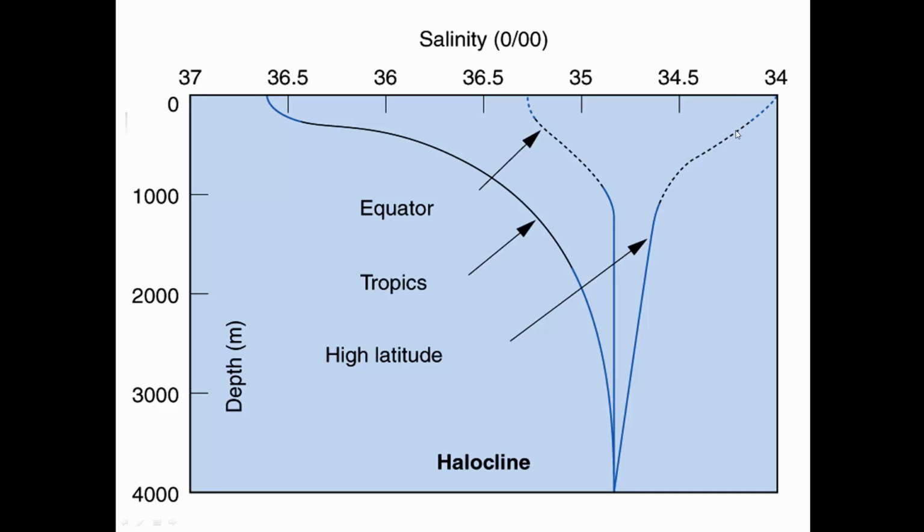This is not so much the poles, but we're talking about 60 degrees north and south. So salinities are low because of all the precipitation. But again, salinities increase as we go down. I wish they would have shown the polar regions up here, because it pretty much is straight up and down, because the temperature at the surface is about the same as the temperature down here, 4 degrees Celsius.